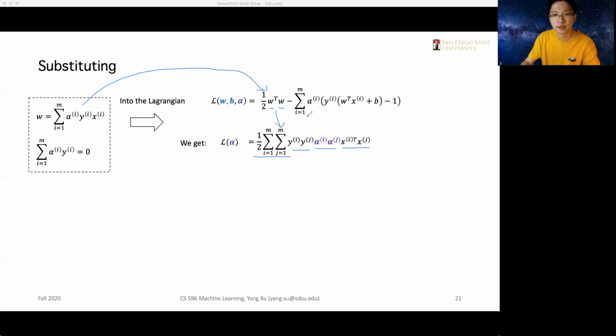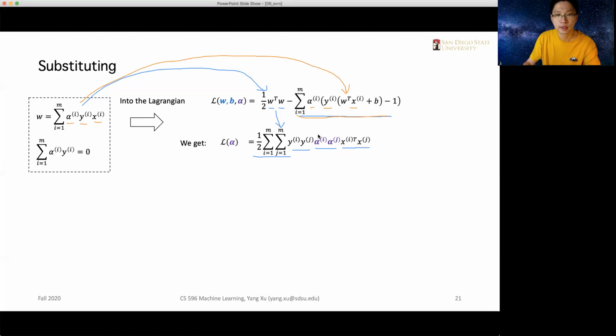For the second term, if we observe clearly, it is also easy to find that when w is plugged in here, there should be something like alpha y times alpha y times x times x.